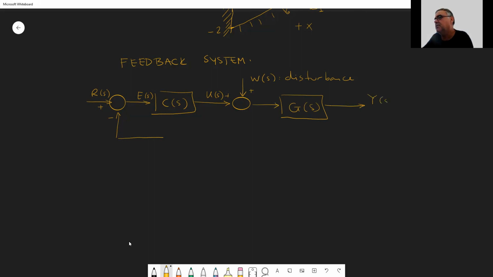This is Y(s), the system output. And we measure the system output by some sort of a sensor. We can put it here. Usually we are going to take it as 1 most of the time, but you don't have to take it as 1. I will take it 1 eventually, but let's keep it here for the time being. So this is the output, this is the measured output.